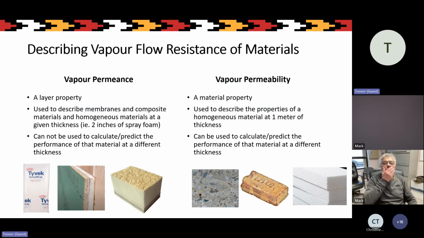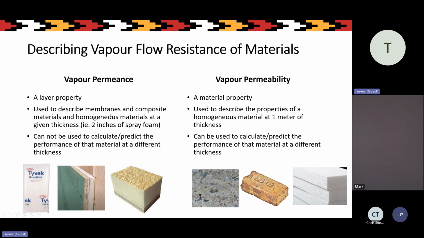So how do we describe vapor flow resistance in materials? A couple different ways. One of the problems with understanding this is that we use a lot of different terminology, and it's good to have a general understanding of it. So you'll hear the term vapor permeance and you'll hear the term vapor permeability. They do sound pretty much the same and they're very close, but it's important to remember that vapor permeance is the property of a layer in a wall system.